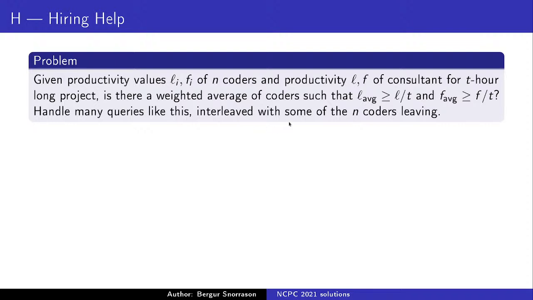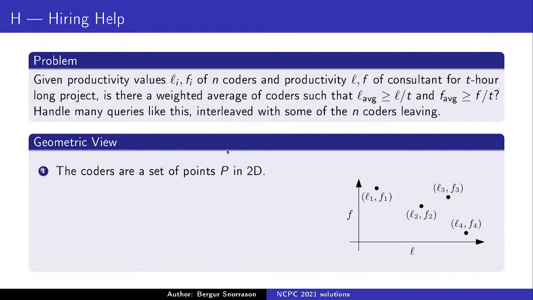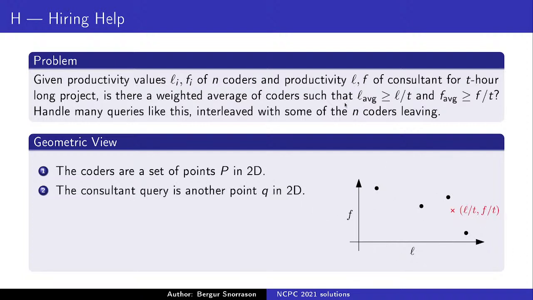Okay. So the first thing to do with this problem is to reformulate it a bit and view it more geometrically. These coders, these Li, Fi, are really a set of points in 2 dimensions. So we have some L1, F1, L2, F2, L3, F3, where we put L on the x-axis and F on the y-axis. And then this consultant query, this L over T, F over T, is another point in 2D.